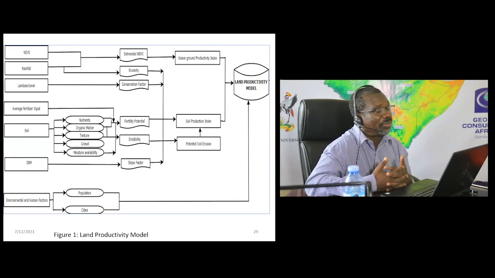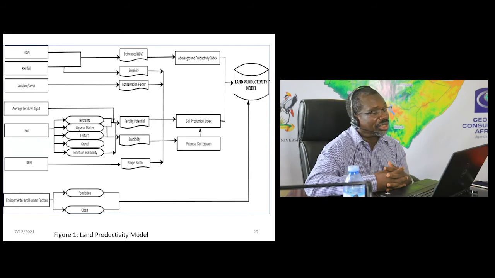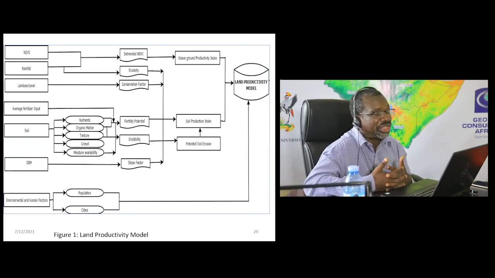Erosion is linked to a number of factors: rainfall with its erosivity, land use cover with a C factor, soil with its erodibility, but also the slope, which generates for us the slope length factor.